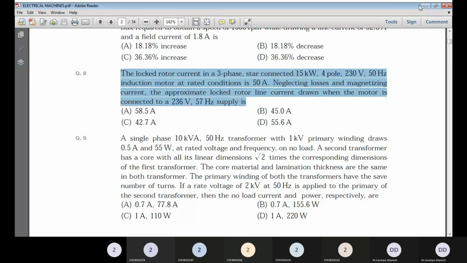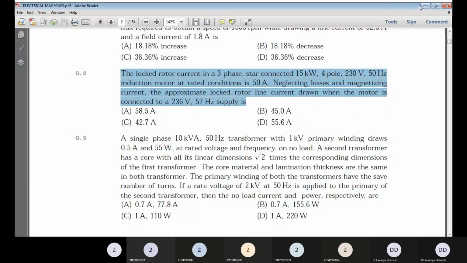So what will be the equation we have to see? Here, what are all the given data? We have to see it out. So it is a three-phase motor, star connected. Three-phase star connected, and your values are given, 15.